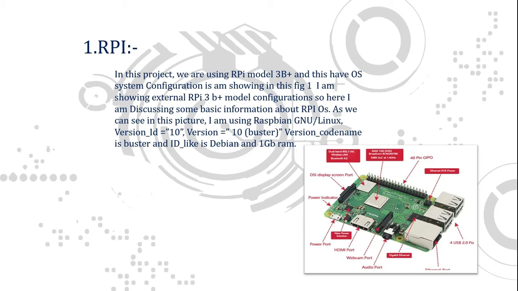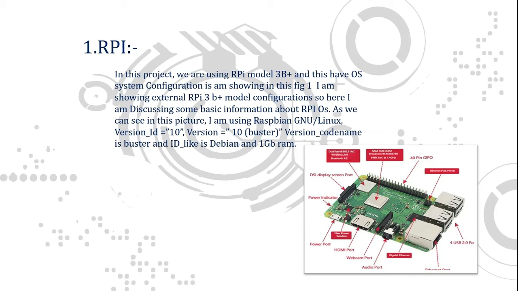Also, you can see in this right hand side picture, the hardware configuration is 40 GPIO pins and 4 USB ports, Ethernet port, power indicator, power port, HDMI port, webcam port and audio port.